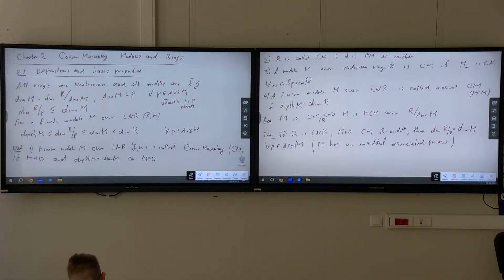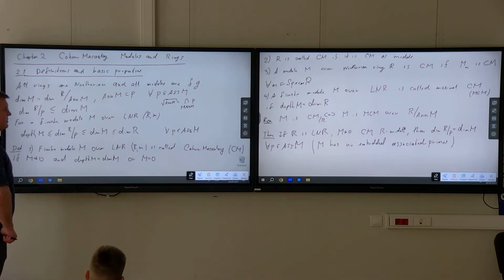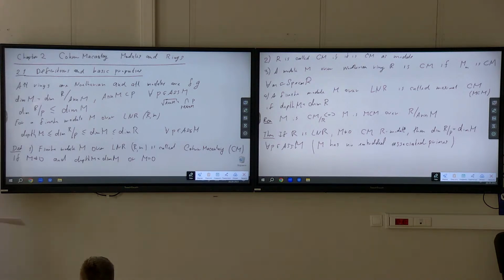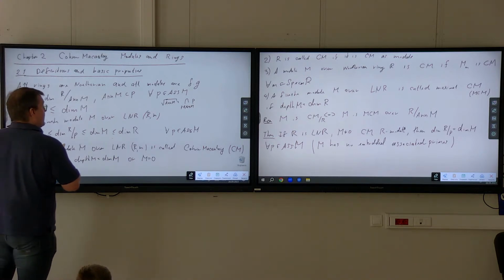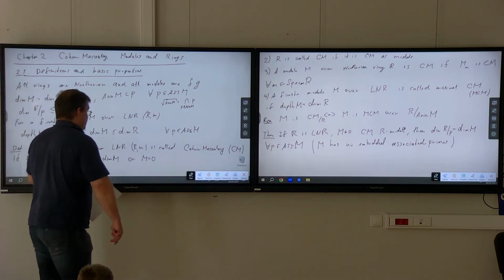The statement doesn't require any proof, but it's important to notice that Cohen-Macaulay modules have this very nice property: no embedded primes. For example, that would be a way to construct an example of a ring which is not Cohen-Macaulay. It has to be a ring with embedded primes. We'll look at some examples in the seminar next week. Okay, so this is the first easy theorem.